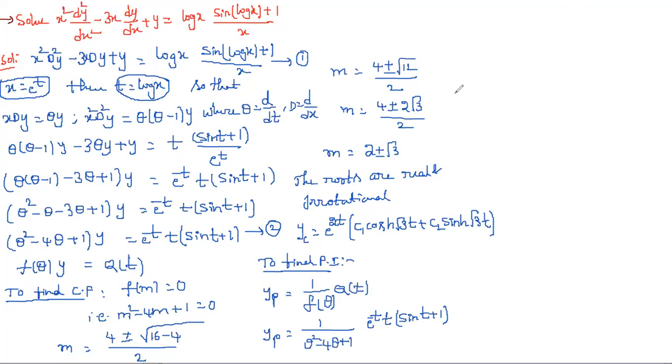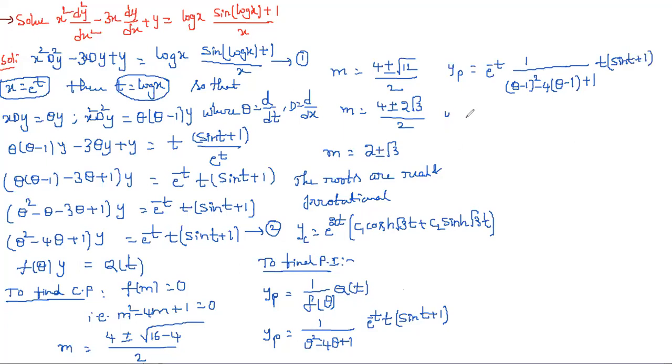If you observe, first we can apply the fourth type, since e power minus t is there. Immediately we need to substitute, in place of theta, theta minus 1: 1 by (theta minus 1) whole square minus 4 into (theta minus 1) plus 1, into t sine t plus 1.